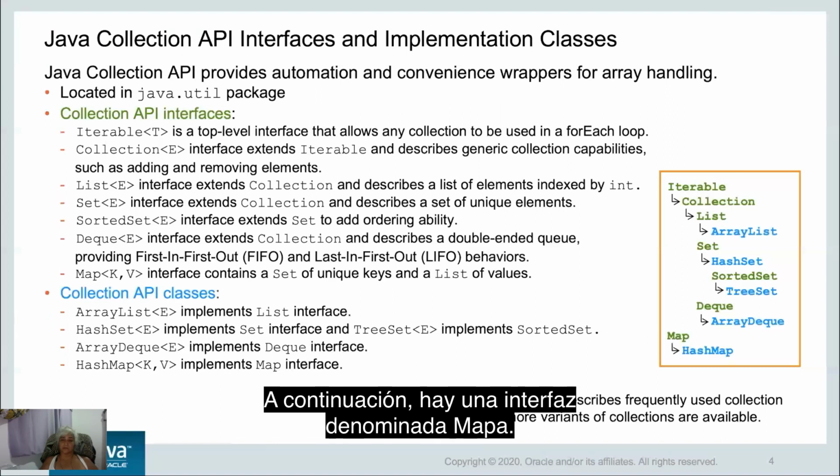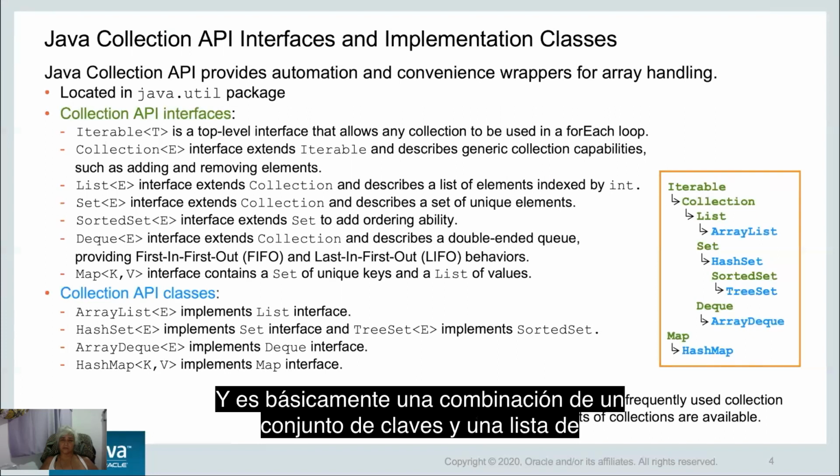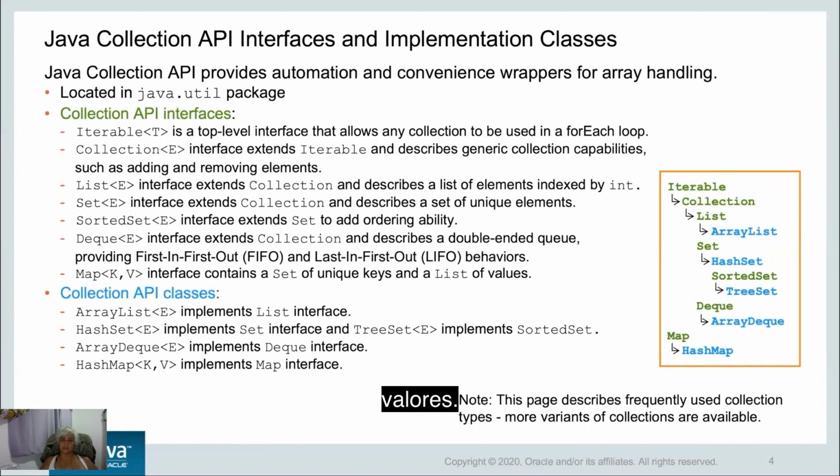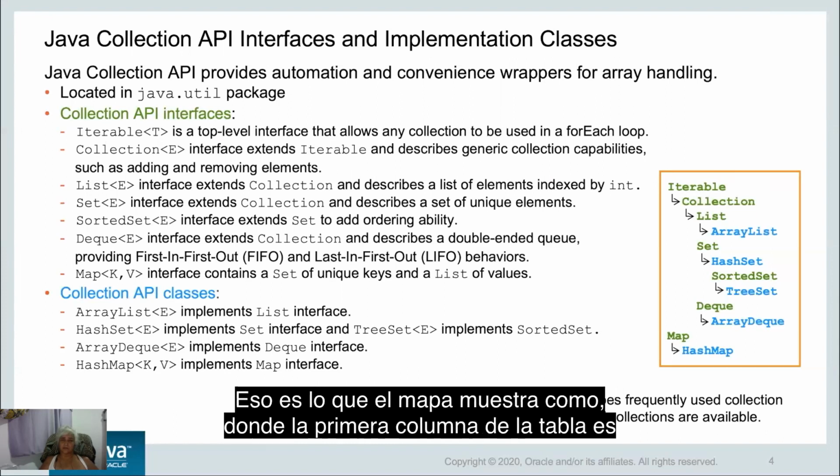Then there is an interface called Map. A typical implementation for that will be a class called HashMap, and that is basically a combination of a set of keys and a list of values. So the map is like a table of two columns. That's what the map feels like.